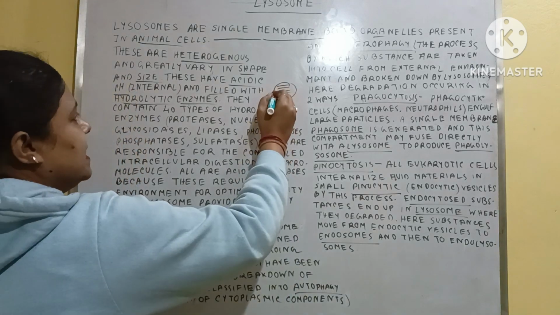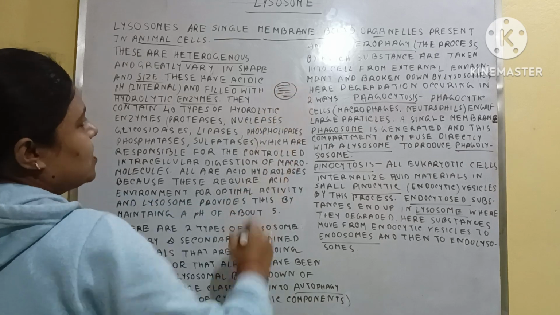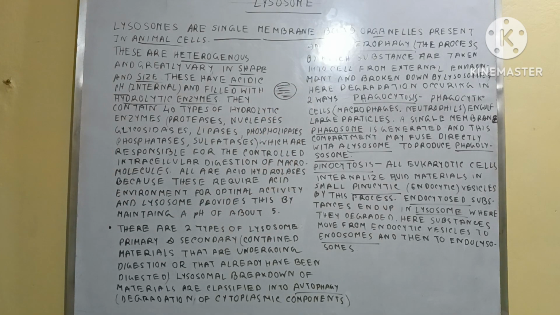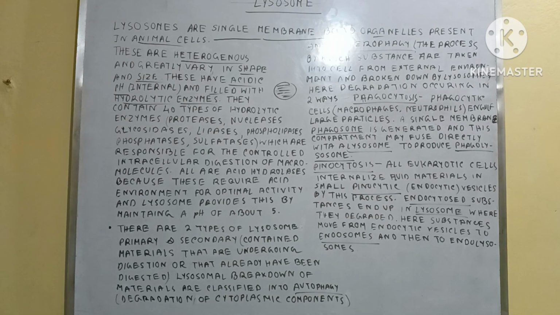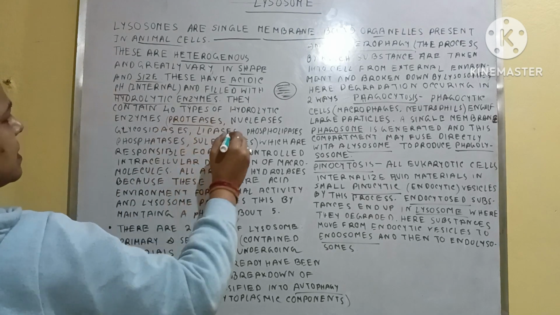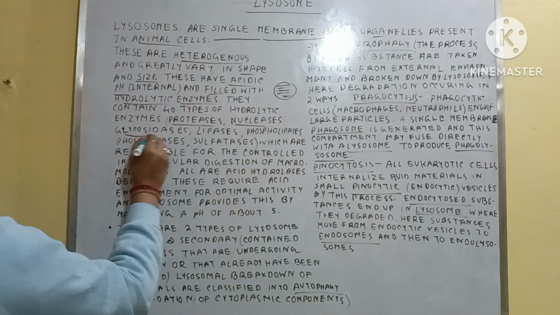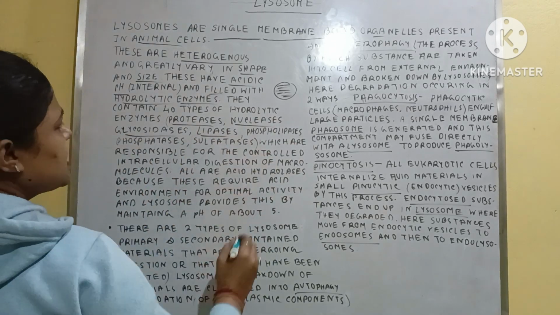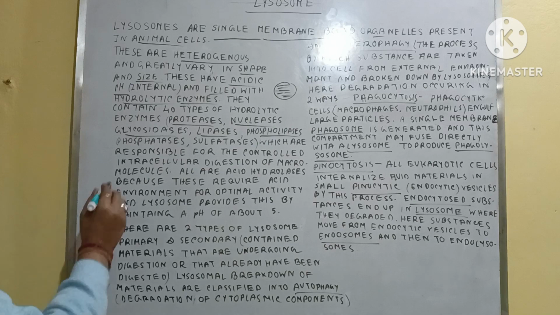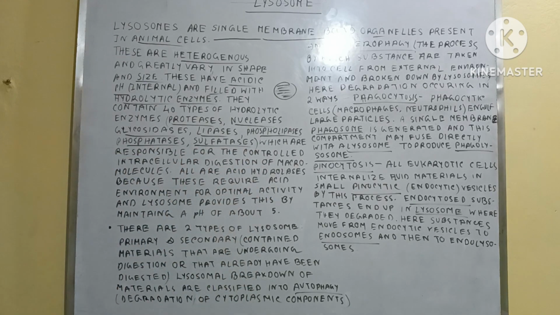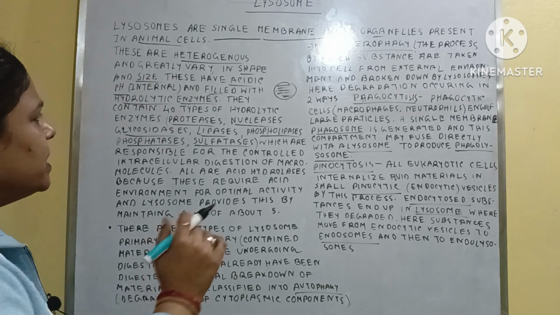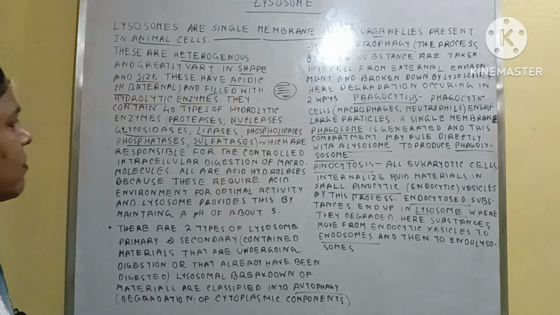So the internal pH of the lysosome is acidic. What types of enzymes are there? Proteases, nucleases, glycosidases, lipases, phospholipases, phosphatases and sulfatases. These kinds of enzymes are there within the lysosomes.